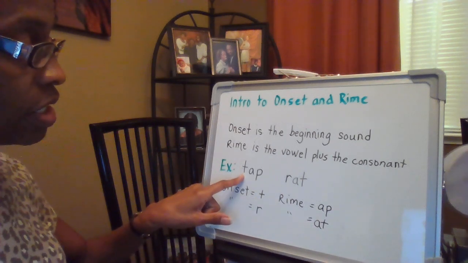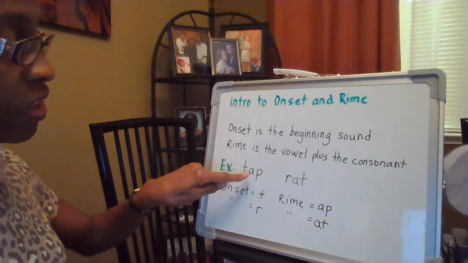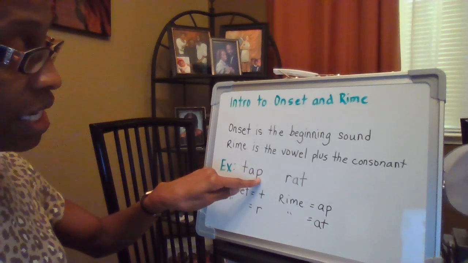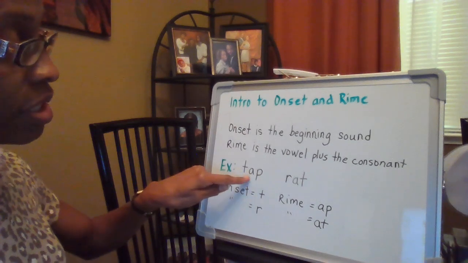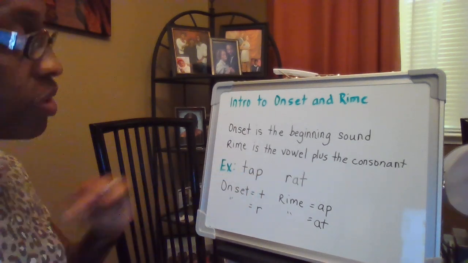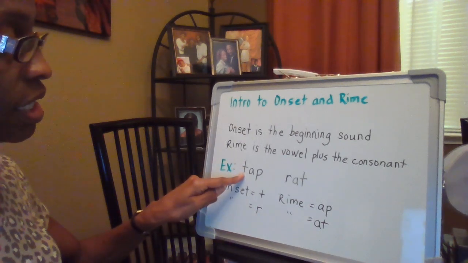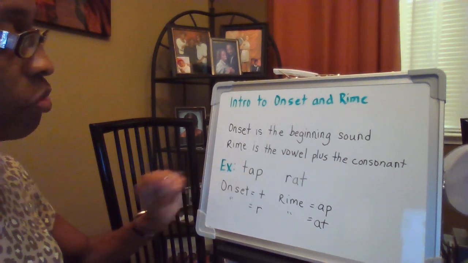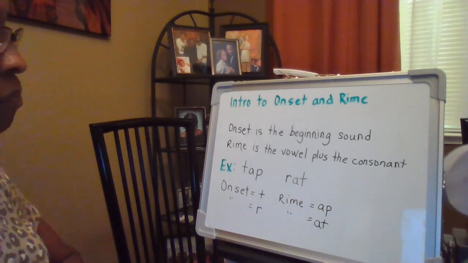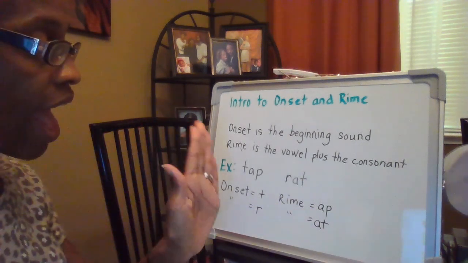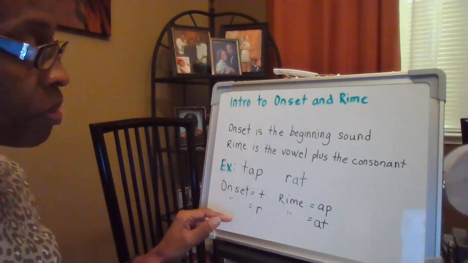The T is your onset. But the vowel A and the consonant P together makes your rhyme. So your onset is the T, your A and your P will be your rhyme. Okay? And the word is T, A, P, tap.